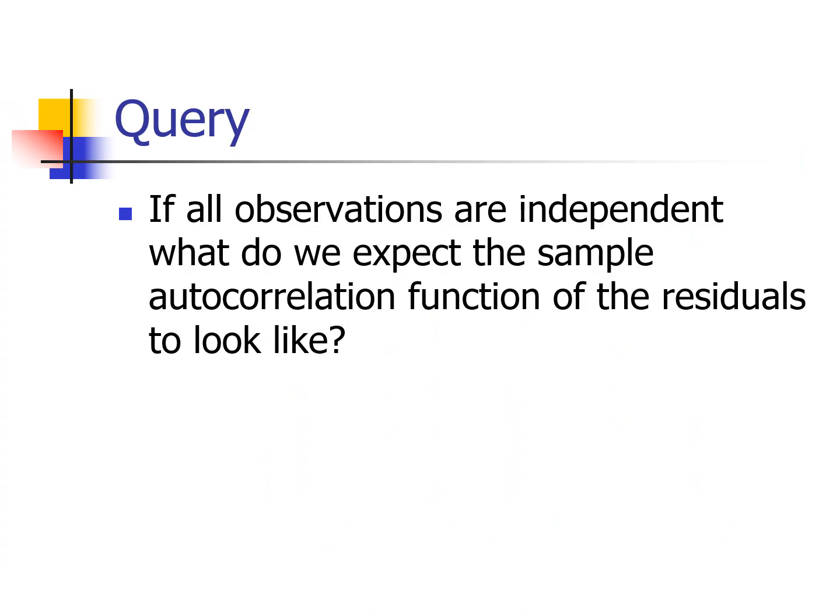Yeah. So if all the observations were independent, then we would expect that sample autocorrelation function to look like what? Yeah, exactly. And that's a typo, I guess. It shouldn't say autocorrelation function of the residuals. That's an autocorrelation function of the actual observations, not the residuals.